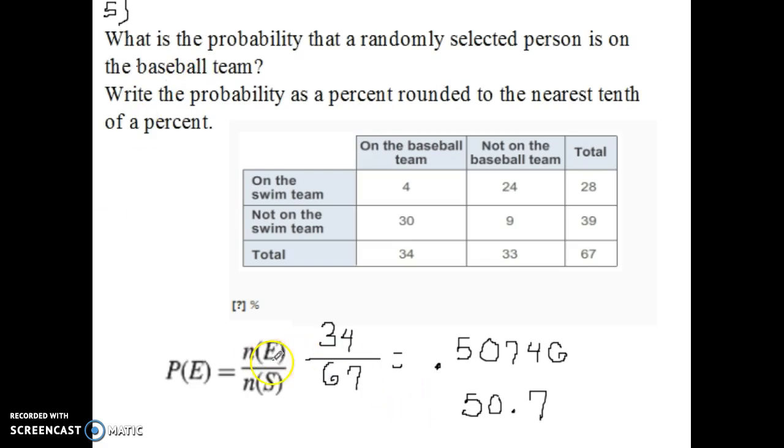So for our probability on the baseball team, that total, there are 34 that are on the baseball team, out of our total of 67. So randomly selected, our probability of that event is 0.50746. Round it as a percent to the tenth, move it 2 places to the right, 50.7. All right, good luck.